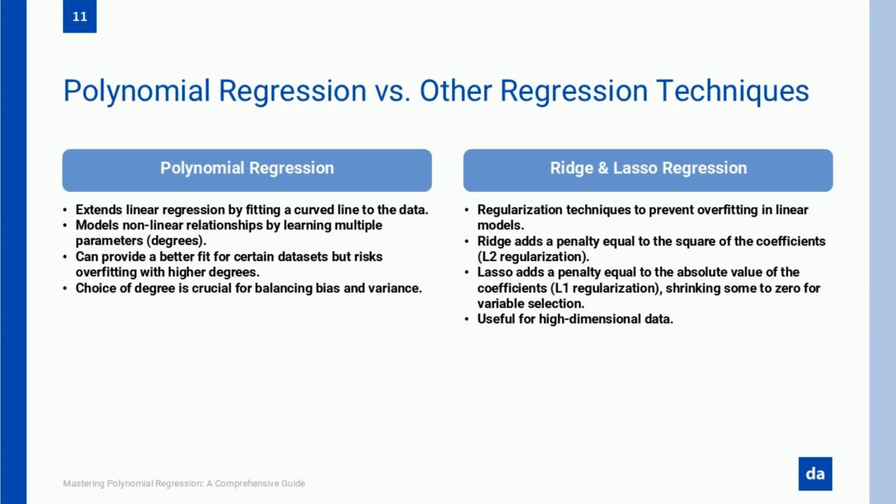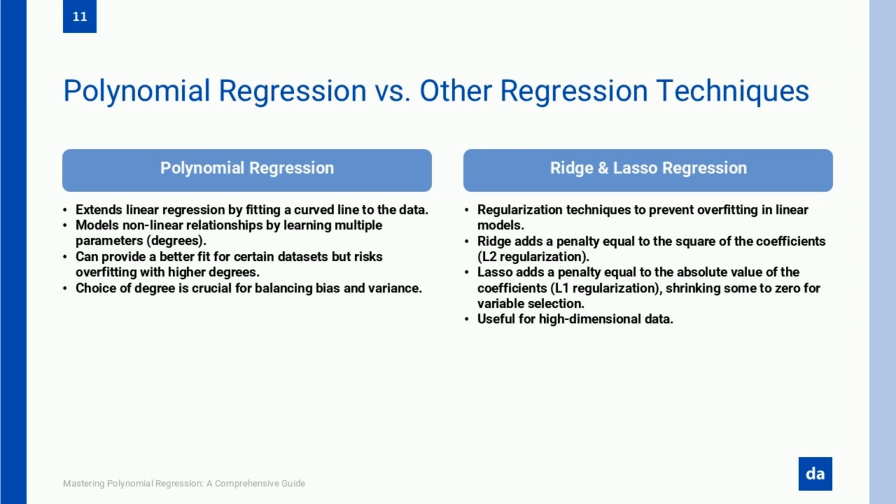To mitigate overfitting, regularization techniques such as ridge regression and lasso regression are commonly used. Both of these methods modify the standard linear regression approach by adding a penalty to the model's coefficients, reducing the risk of overfitting while maintaining predictive power. Ridge regression, also known as L2 regularization, adds a penalty equal to the sum of the squared coefficients.